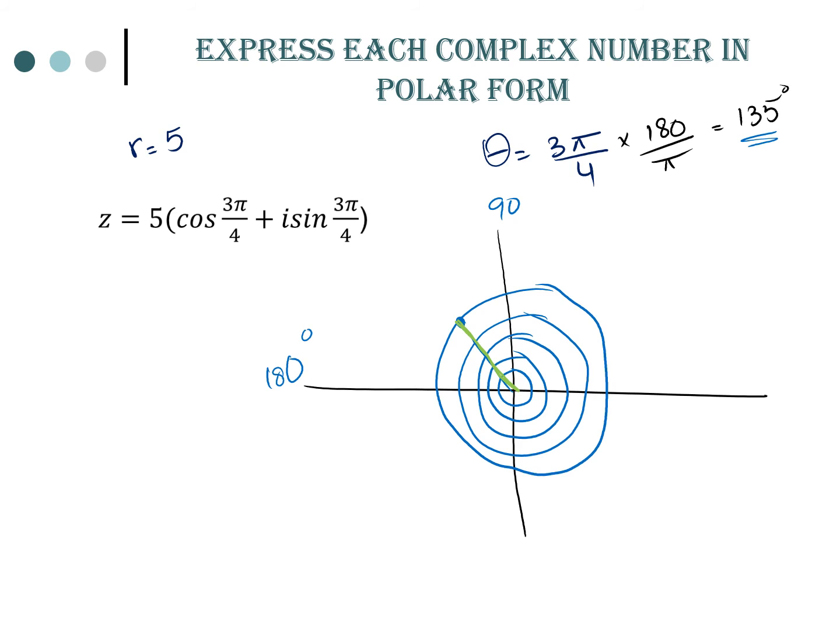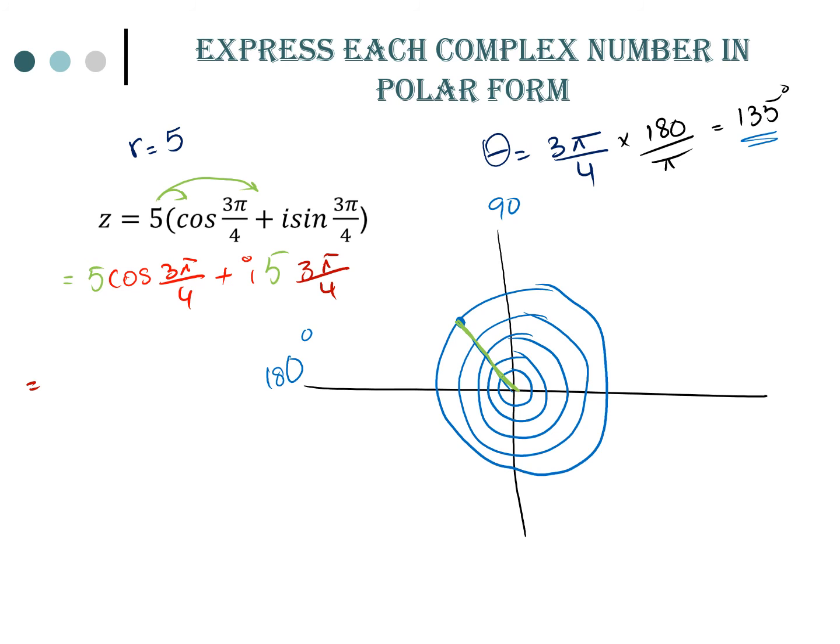Now you want to convert it into rectangular form. Open the brackets and multiply by 5, that will give you 5 cosine 3 pi by 4 plus iota 5 sine 3 pi by 4. Now if your calculator is in complex mode, better just write down 5 cosine 3 pi by 4 plus iota sine 3 pi over 4.